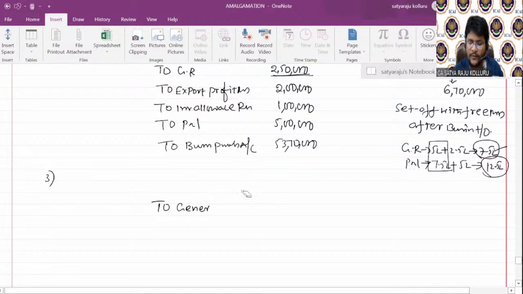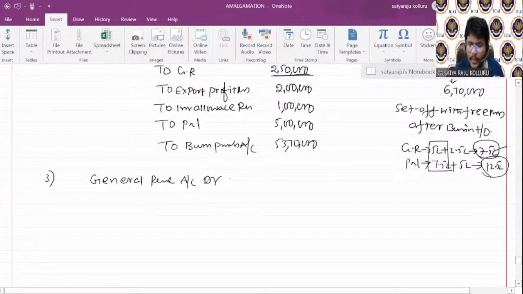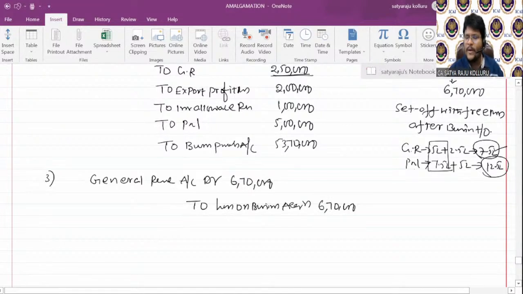Now at the time of set off, loss should be credited and reserve should be debited, right? So first, let me write the reserve. General reserve account debtor. How much? 6 lakhs 70,000 to loss on business acquisition, 6 lakhs 70,000. Can you please tell me, all of you, how much balance is still there under general reserve after making the set off?